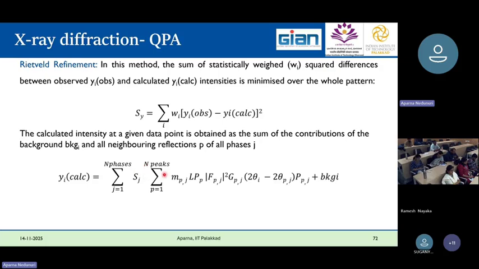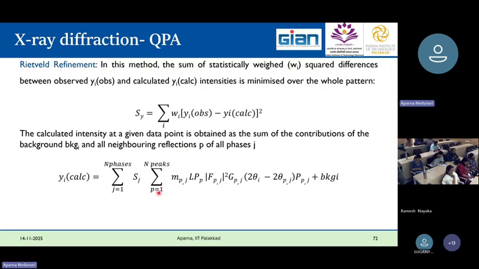If we take all those phases, we have a scale factor for each of those phases. For example, J1, one of the phases that we are talking about. That phase can have different peaks, right? Again, if I come back to OPC, OPC will have Portlandite. We have seen that Portlandite has different peaks at different 2 theta values. Now, all those peaks are considered in this summation that we are talking about.